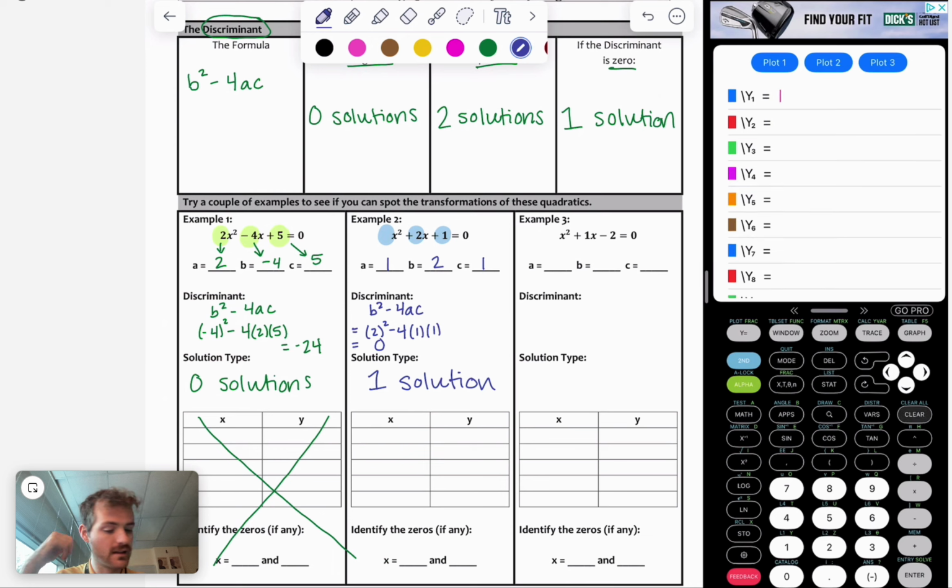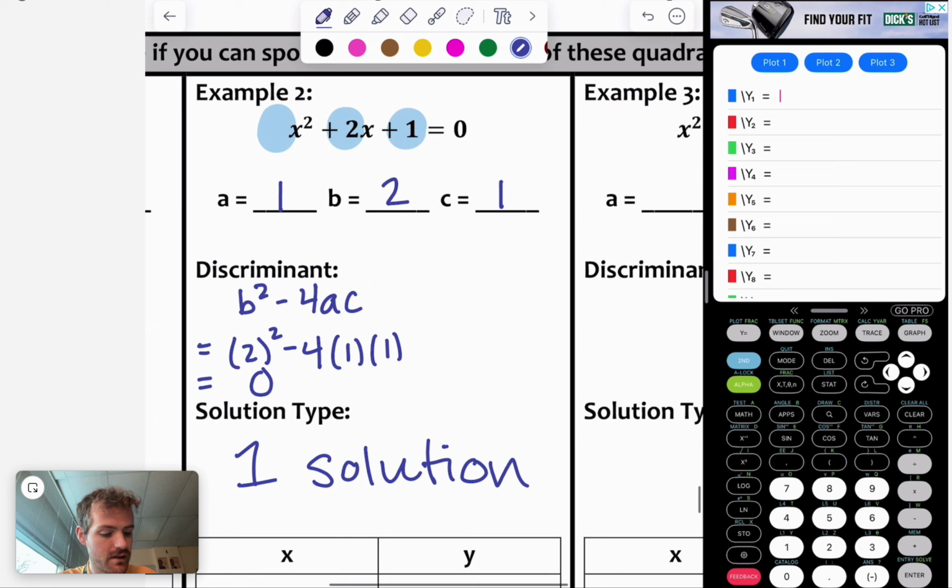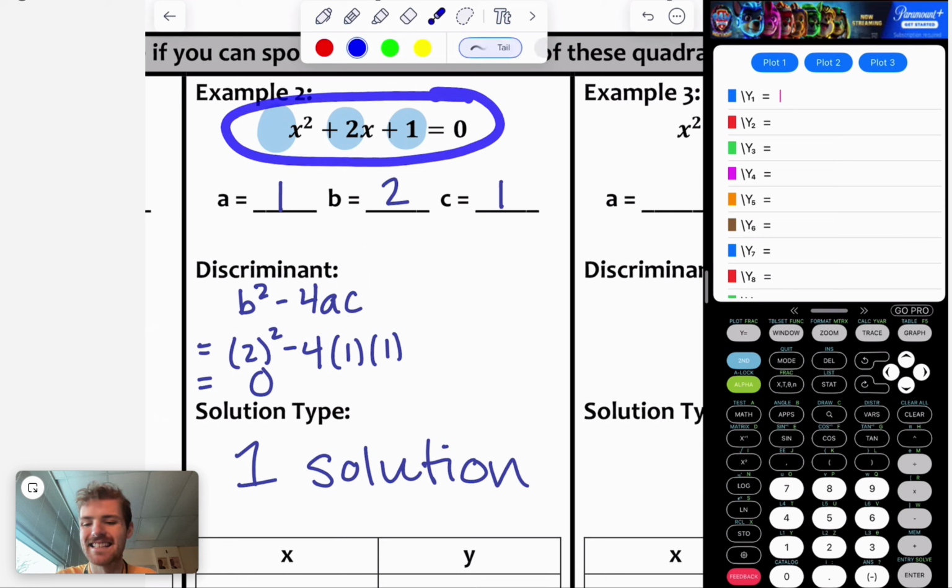Go ahead and click that Y equals button to pull up your calculator, Y equals all those lines, and copy this equation into your graph. We want to copy this exactly as we see it.